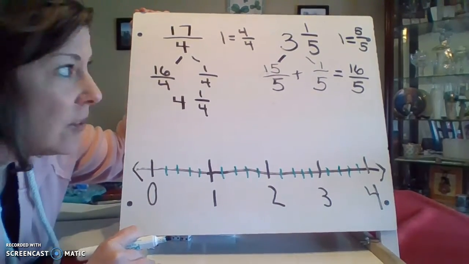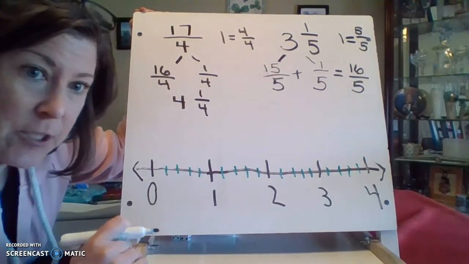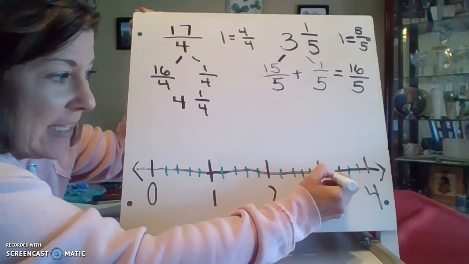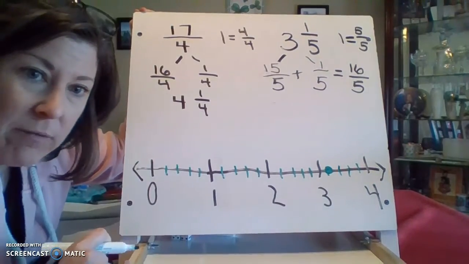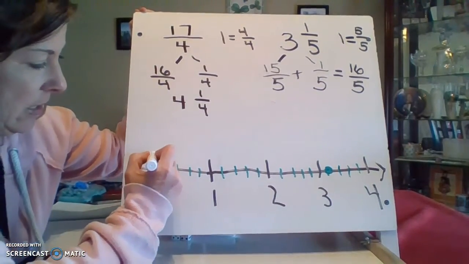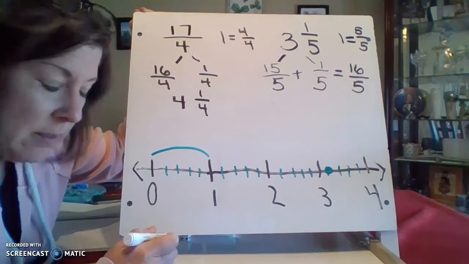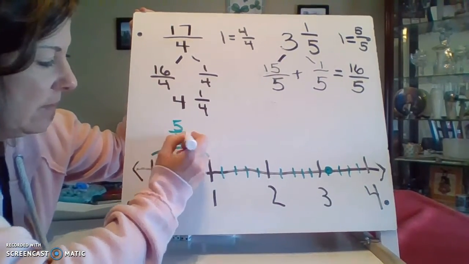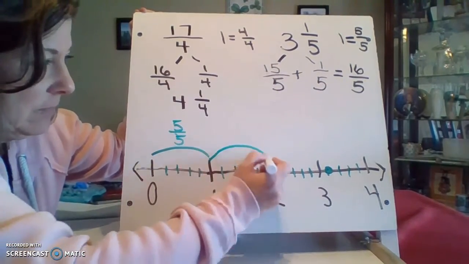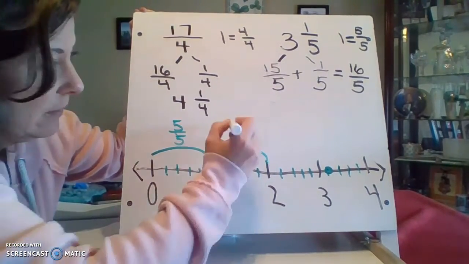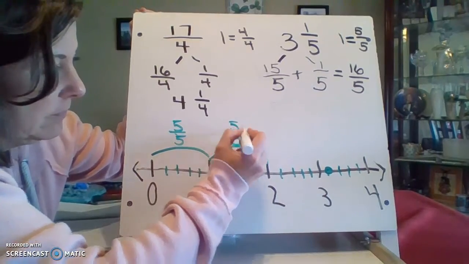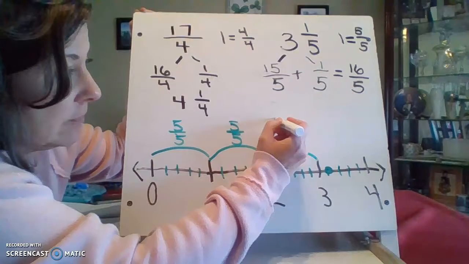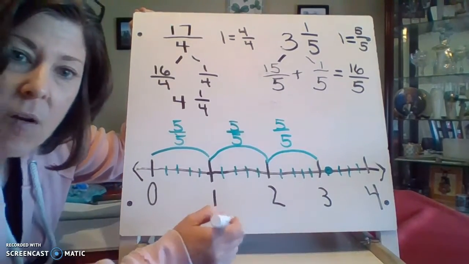So I had the mixed number of 3 and 1/5. From here to here, I had 1, 2, 3, 4, 5 fifths. Going from 1 to 2, that was another 5 fifths. Going from 2 to 3, that was another 5 fifths.